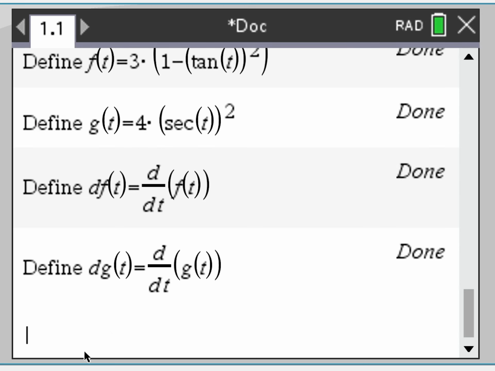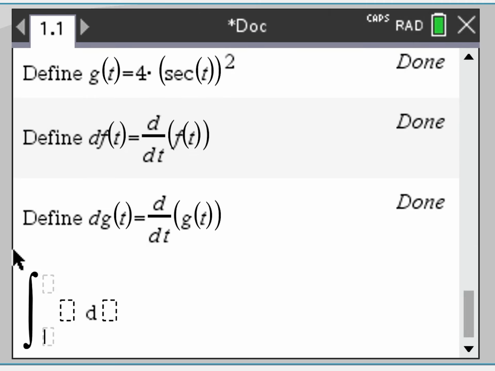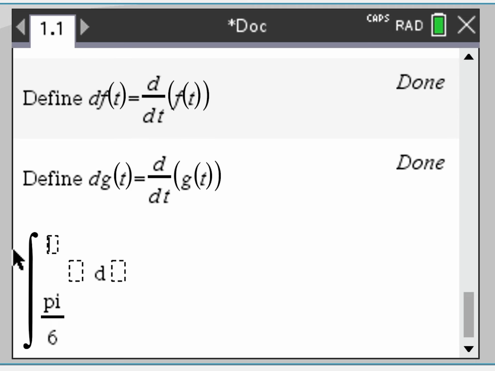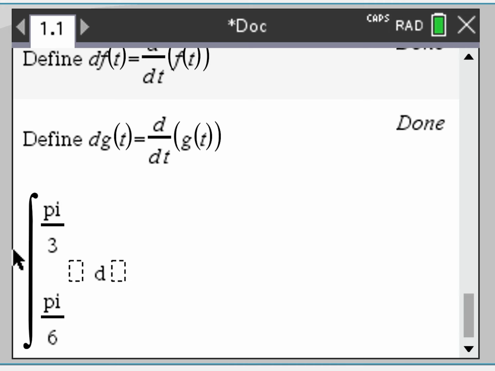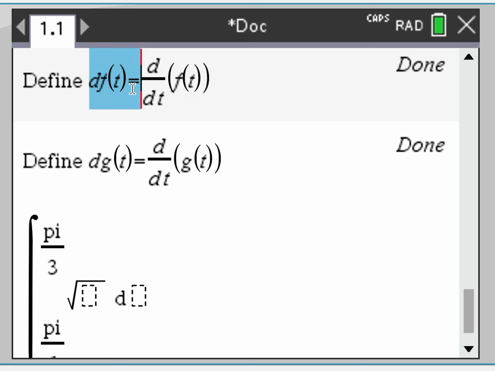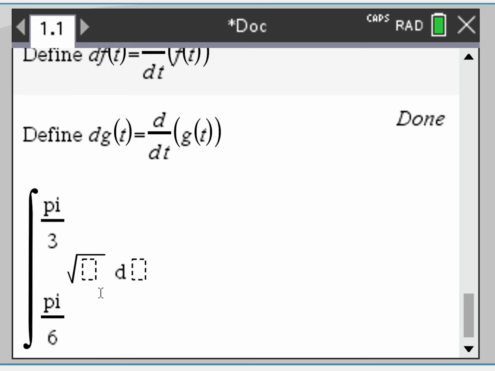Okay, now we can just apply the arc length formula for parametric, and so that is just going to be the integral, and then our bounds are pi on 6 and pi on 3, and then we have the square root of dx/dt squared, which is just f'(t), this function squared basically.